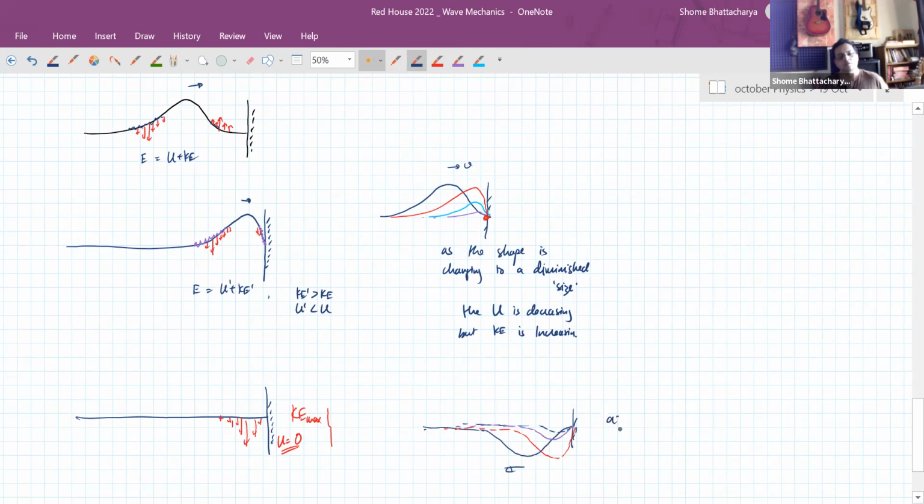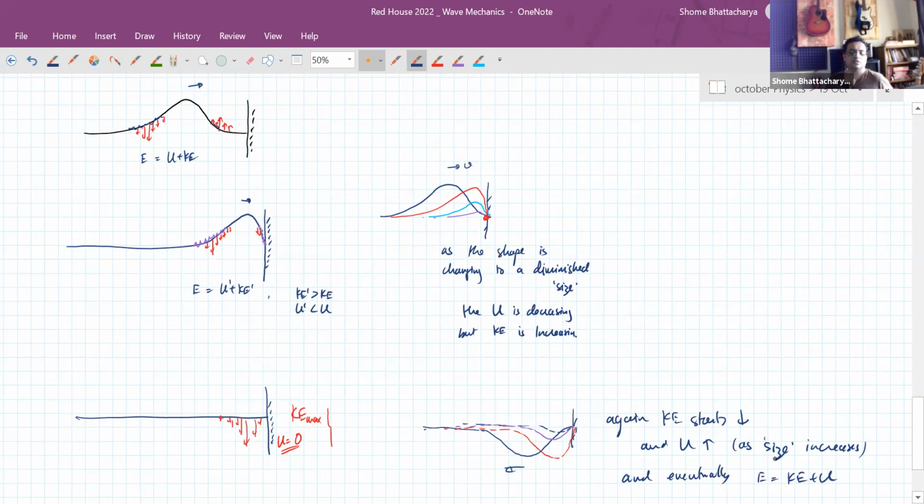So again, kinetic energy starts decreasing and potential energy starts increasing as the size increases. And eventually, the same potential energy and kinetic energy combination as it had before.